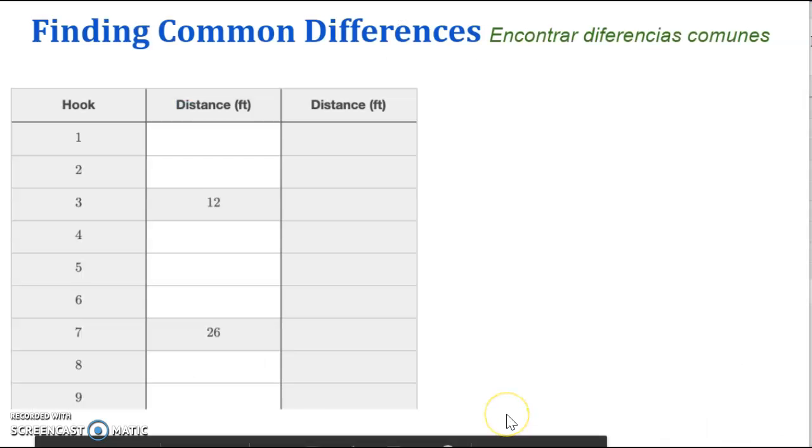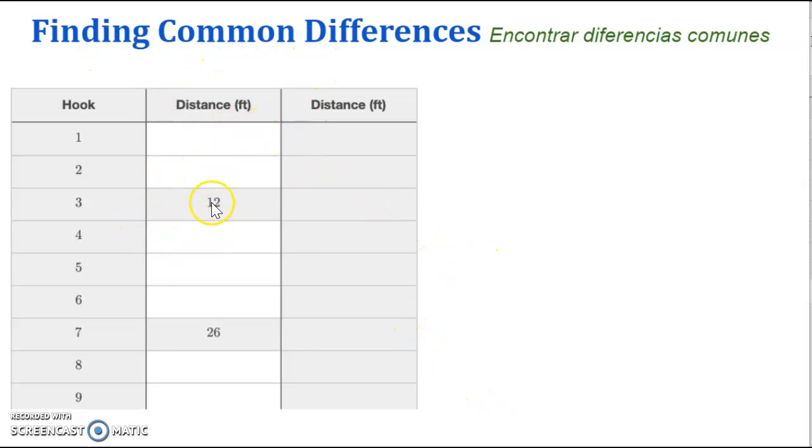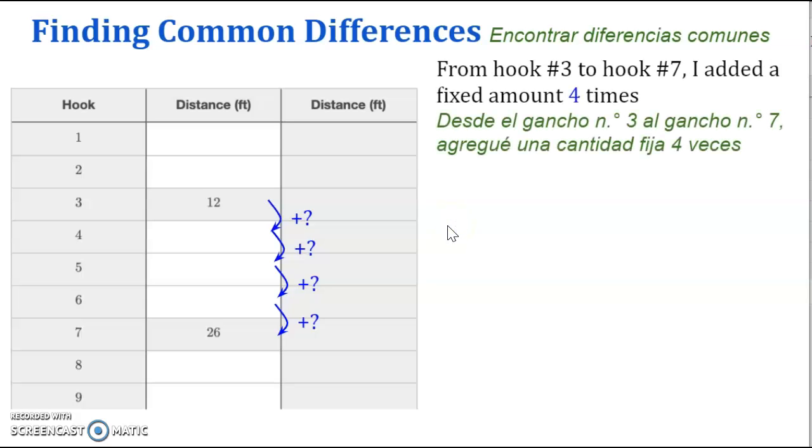So let's quickly recap what we should have discovered from the Desmos exercise. When finding the common difference, when you have a number here, 12 and 26 here, knowing that this is arithmetic, you need to figure out how many times the common difference is being added. It's being added 4 times. We're missing 3 numbers, but the common difference is being added 4 times, so it's one more than the number of numbers that are missing.